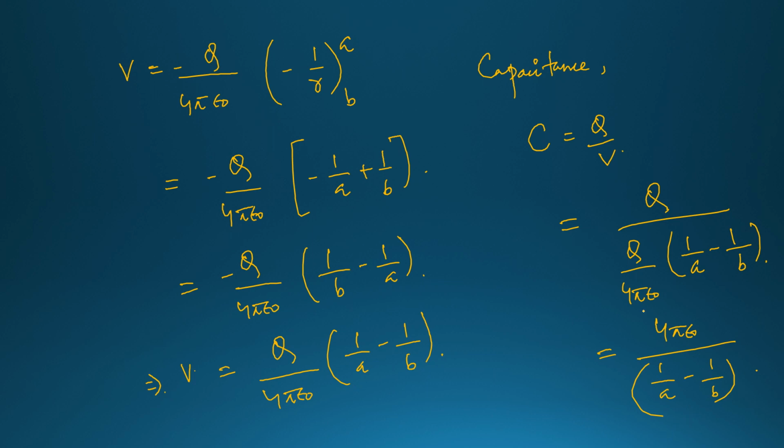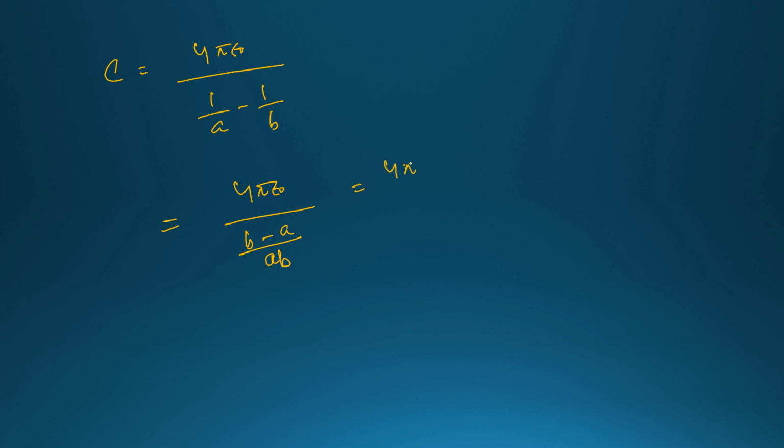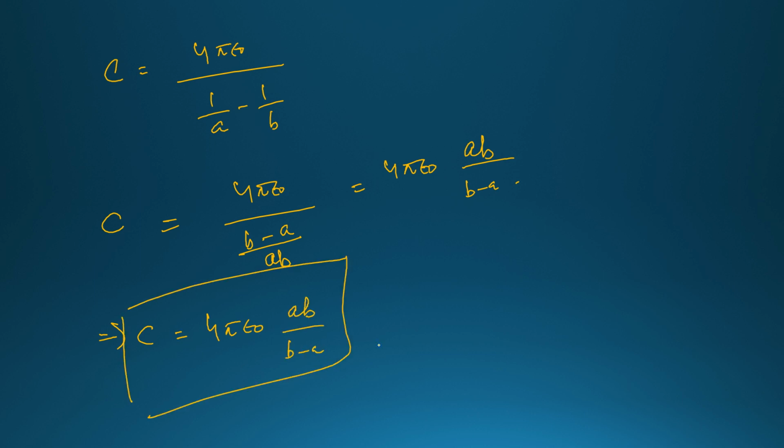Or if you simplify it a bit more, taking the LCM, C is equal to 4 pi epsilon naught AB by B minus A.